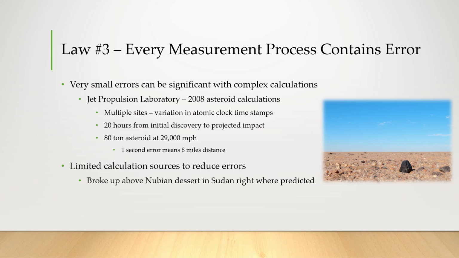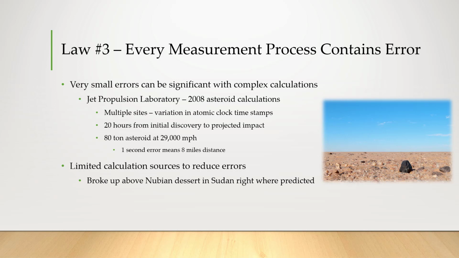There are 26 stations across the globe that were tracking this thing, and the way it's supposed to be is that all of the stations would be on the same time, the atomic clock, but they were off.